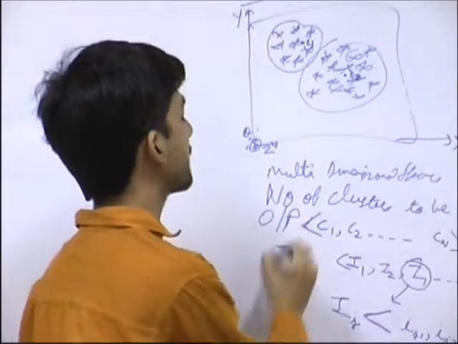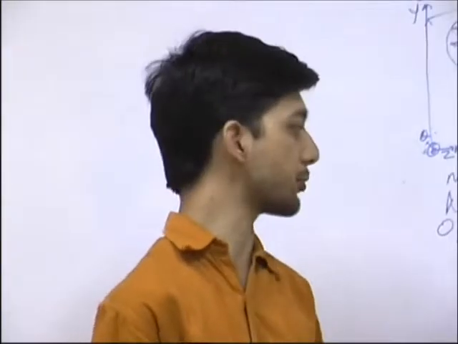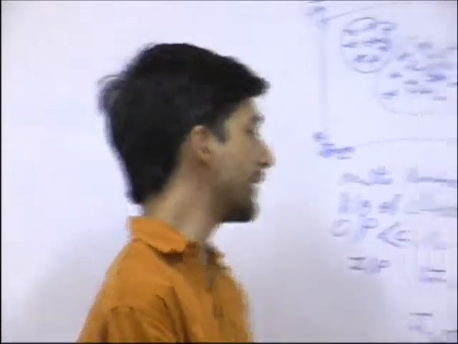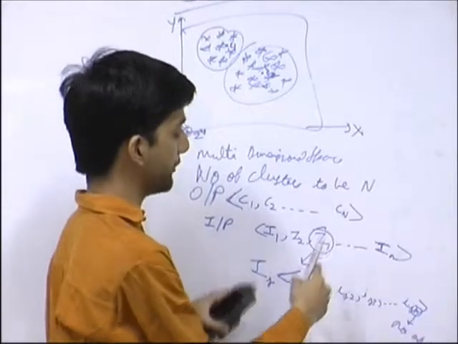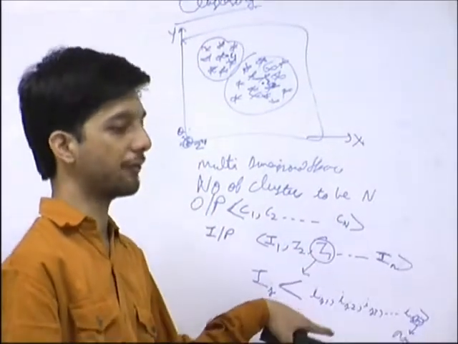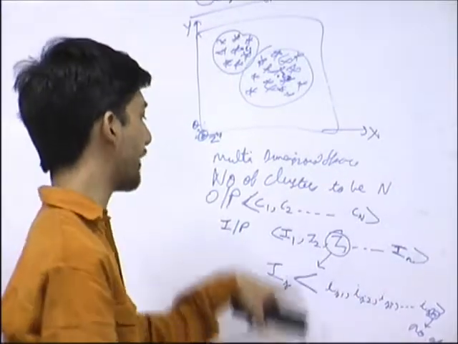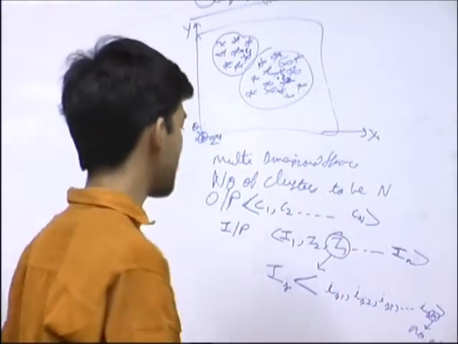And of course, a clustering algorithm needs to output these cluster centers. That is what I am supposed to output. So given a long list of inputs, each one of these inputs is an experimental data point with a number of attributes, and I need to find out n cluster centers.